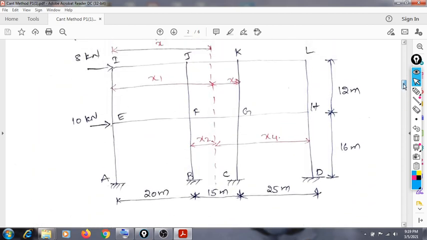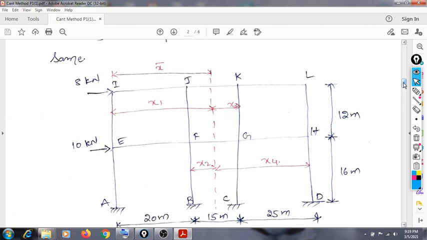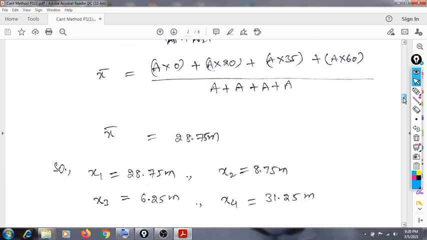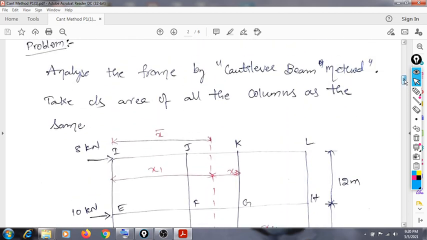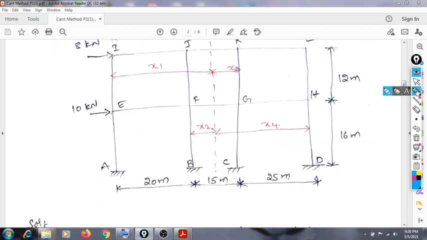That means the centroidal axis of the whole frame lies at a distance of 28.75 from the left column. So x1 is 28.75, the distance from the first column to the centroidal axis of the frame, and x2 is 8.75, the distance from the second column to the centroidal axis of the frame. x3 is the distance from the centroidal axis to the third column, and x4 is the distance from the centroidal axis to the fourth column.